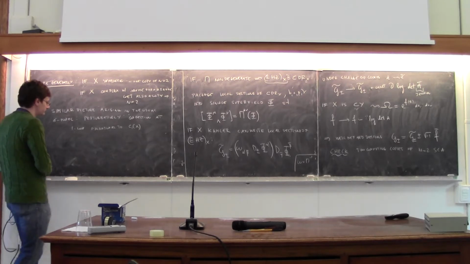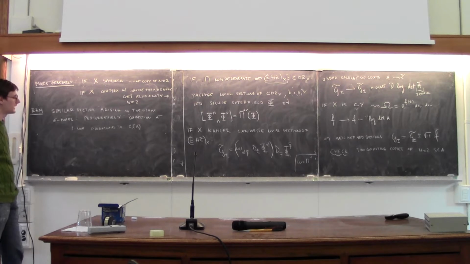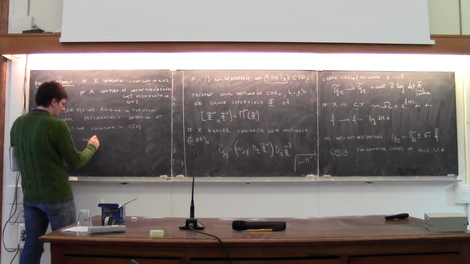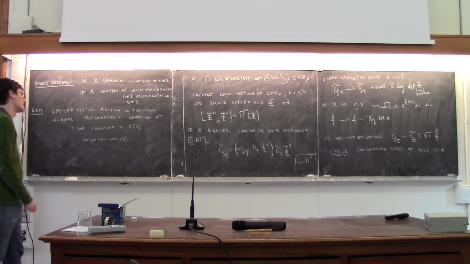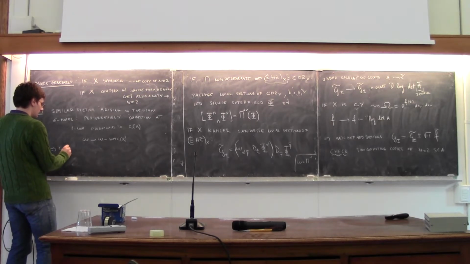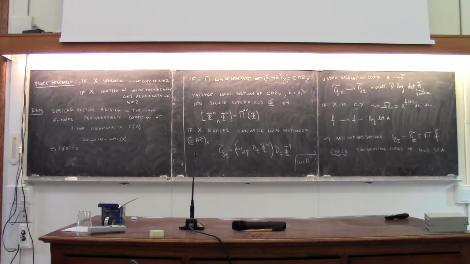So you can see this by scaling arguments, or more precisely by doing the renormalization calculation. You see that the Kähler form gets changed by a constant times c1(X). And so we need to impose c1(X) equal to 0 for everything to work out.